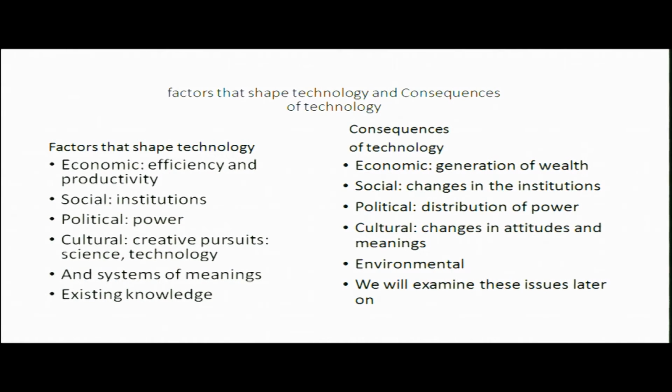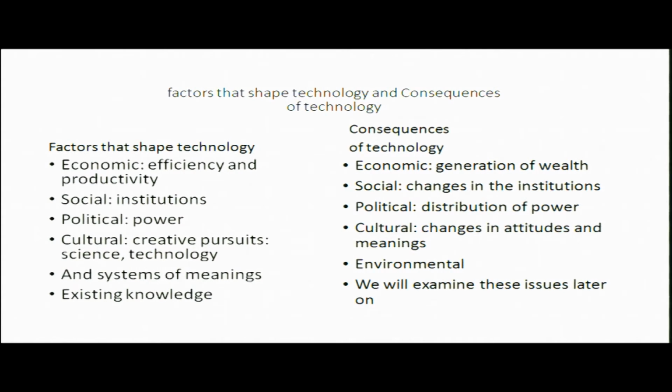Cultural factors also sometimes lead to new technologies. For example, if you look at the musical instruments today, electronics have been built into these instruments, and today's musical instruments are very much dependent on electronics.